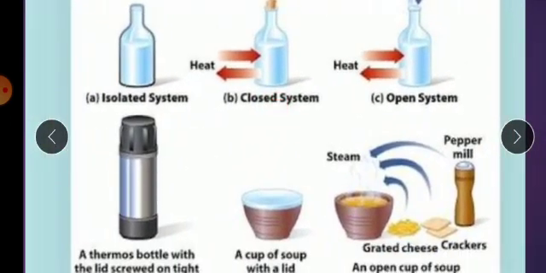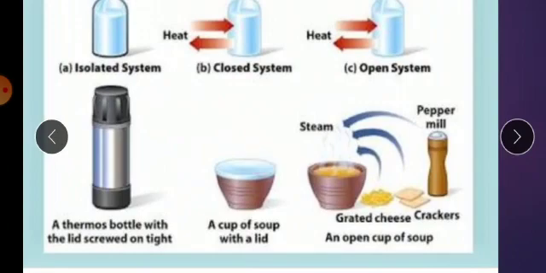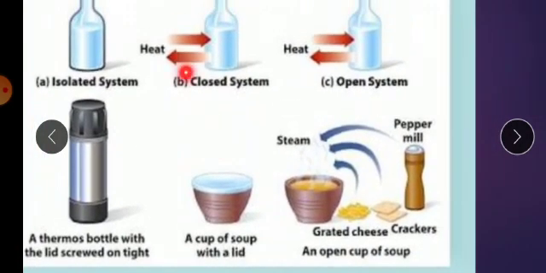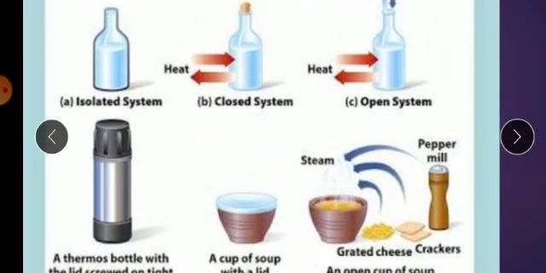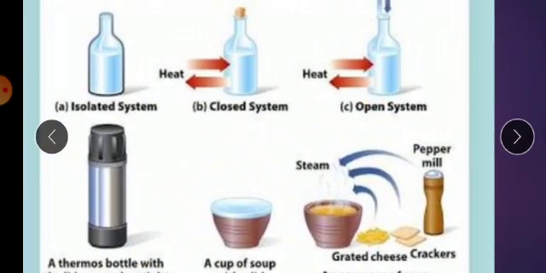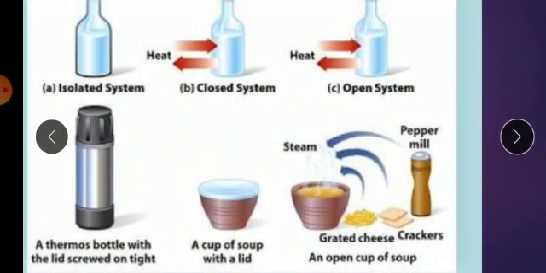Closed system, as I already said, a cup of soup with a lid, or a tiffin box, anything else which is closed on top, so we can feel only the energy. It exchanges only energy with the surroundings, that means heat. Open system, open soup or open tumbler, anything else, both matter as well as energy can be exchanged. We can take many examples for that.